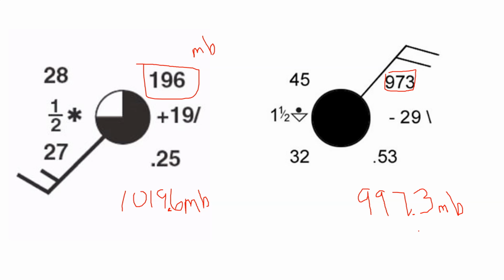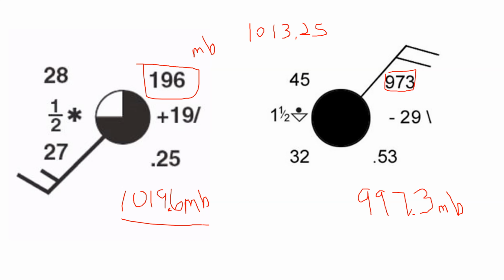Now, whenever you start looking at these values, the one thing that you want to focus on, and it's not always the case, it's just a general rule of thumb. You have to remember that 1013.25 is kind of like the perfect day, right? That is the perfect standard barometric pressure.